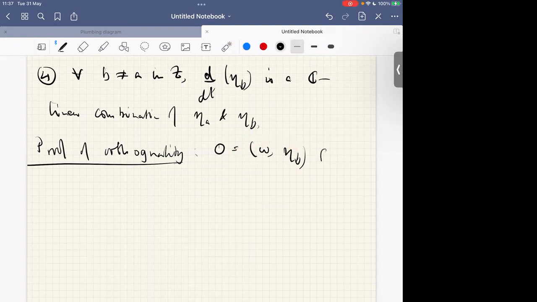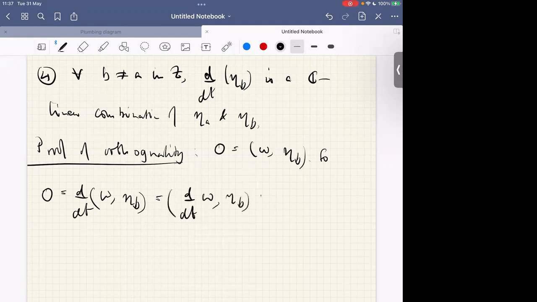So I can differentiate this. Of course, by the Leibniz rule, this is simply d by dt of omega paired with eta B, plus omega paired with the derivative of eta B. So what is this?